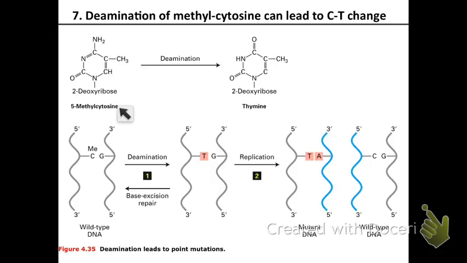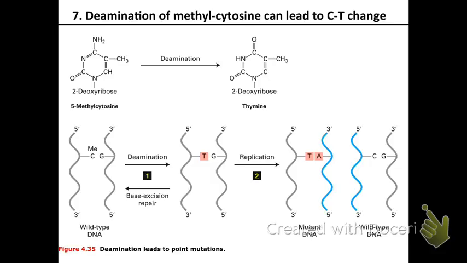That's what we call 5-methylcytosine, because the methylation is added to the 5th carbon. If this base is deaminated, it leaves a base that is exactly like thymine.